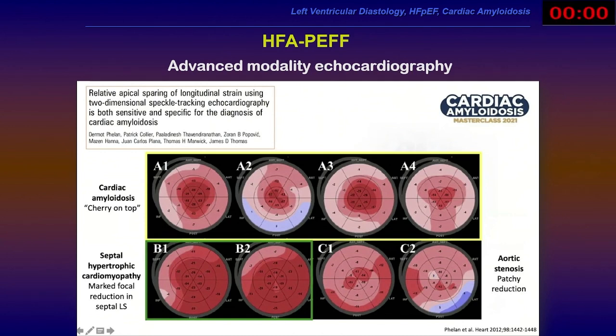If you have normal strain, you have a very dark red. If you have a lower strain, you have faint red, or even a very light red color. So in the patients with cardiac amyloidosis, you have apical sparing, the apex having a red color.